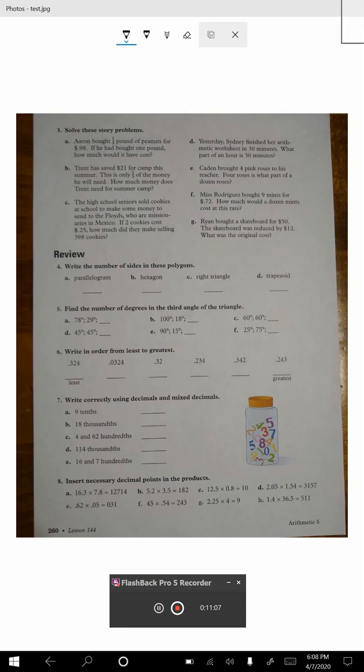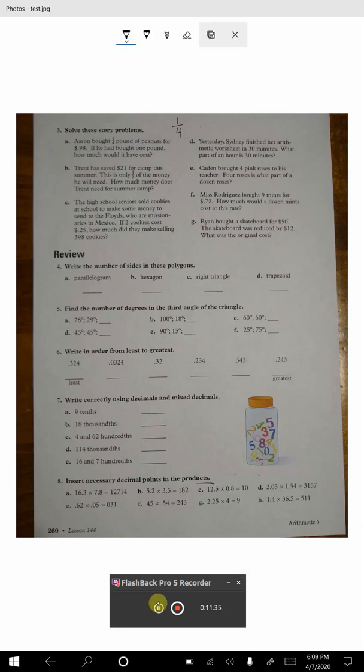So let's look at these story problems together. Aaron bought 1/4 pound of peanuts for 98 cents. If he had bought 1 pound, how much would it have cost? So if 1/4 pound, we can just think of this logically. We can set up a problem for this, but it's almost easier just to think of it logically.